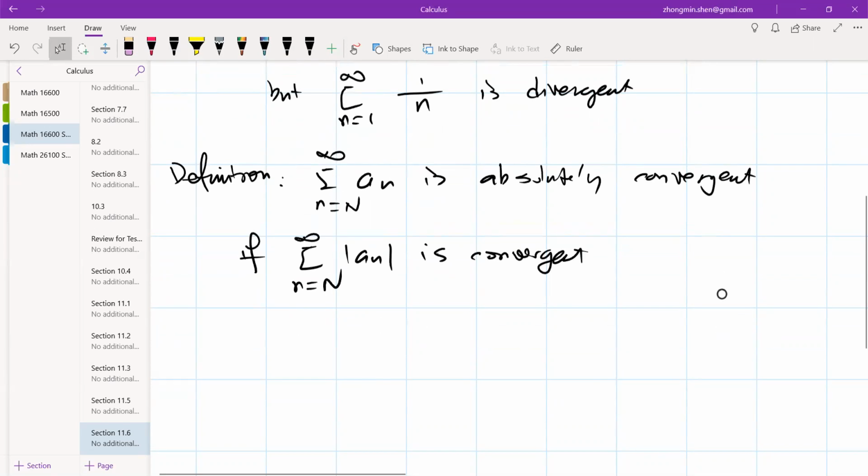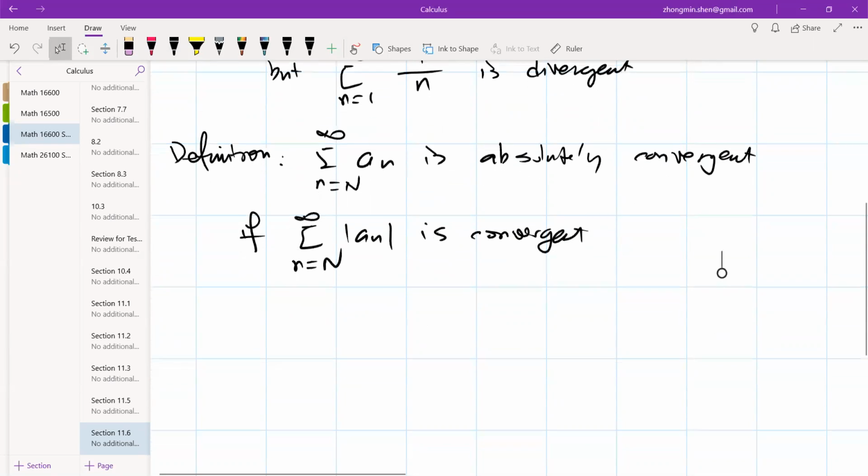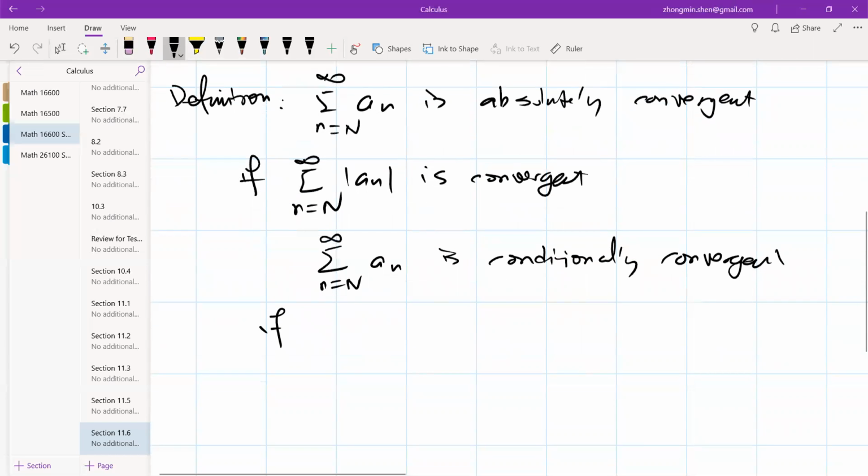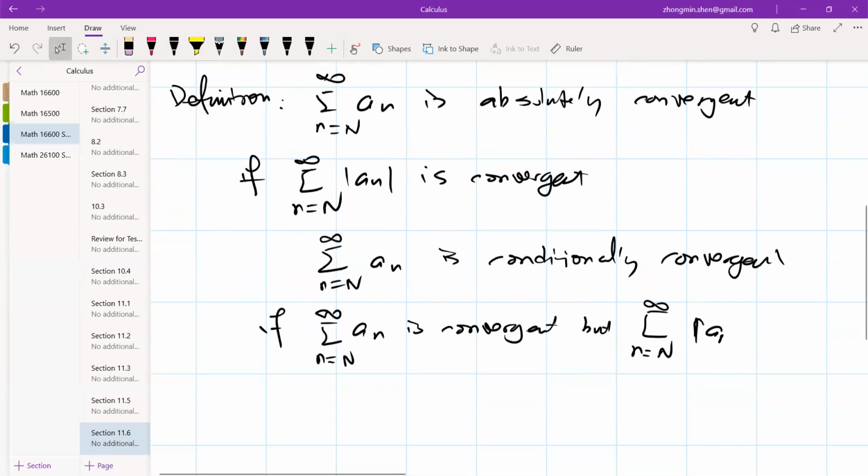It's slightly different. Conditionally convergent means it is convergent, but it's not absolutely convergent. If this is convergent, but it's not strongly convergent, meaning the absolute series is divergent.